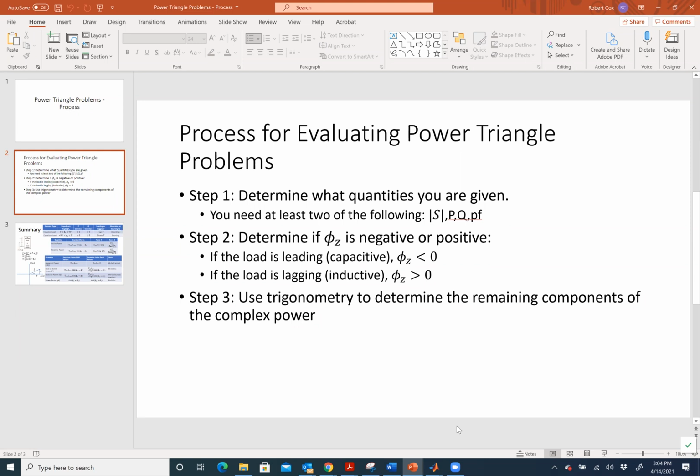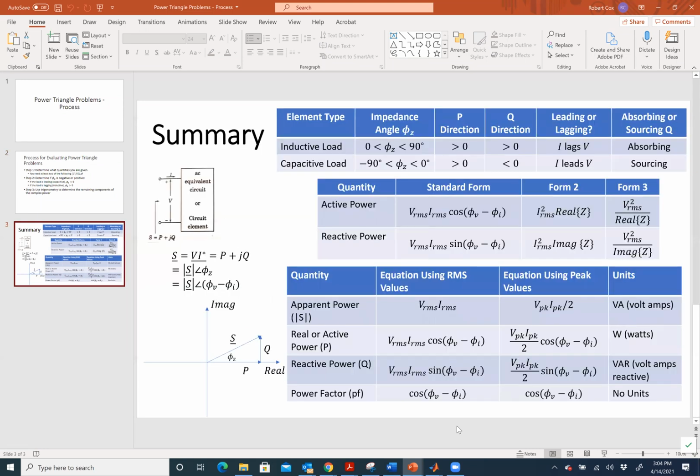Then I usually have to figure out whether my phi z is negative or positive, right? If I'm told that the load is leading, then it's capacitive. If I'm told that the load is lagging, it's inductive. Then I use trig to figure out everything, and it's a matter of sliding through those formulas.